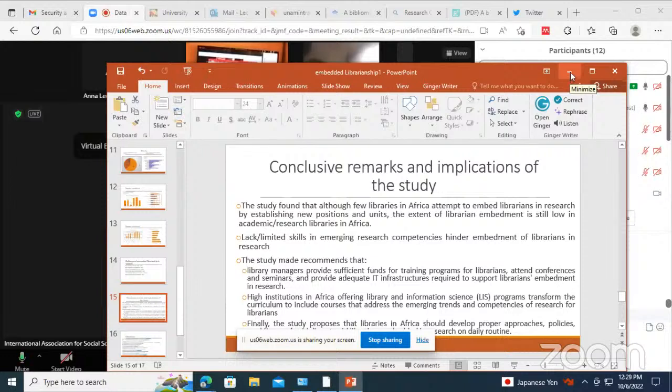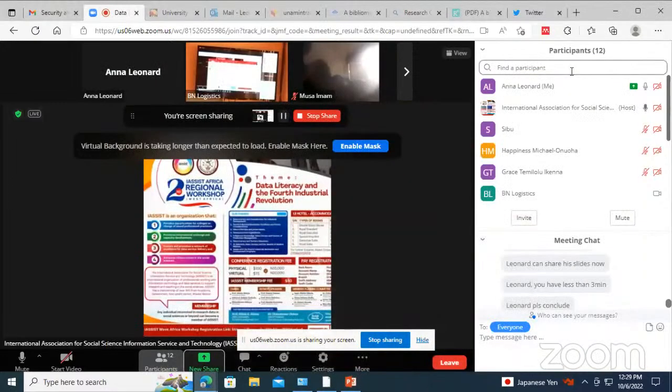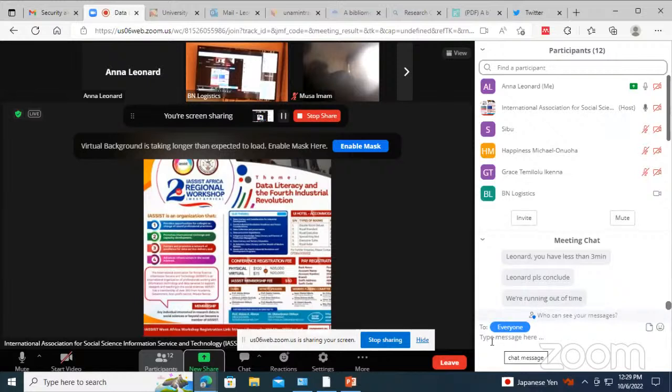The topic is quite interesting. Though I don't have access to the full paper, from what I've heard and what I'm seeing, I think this is relevant to data literacy.